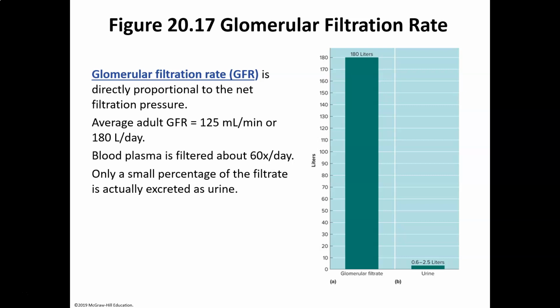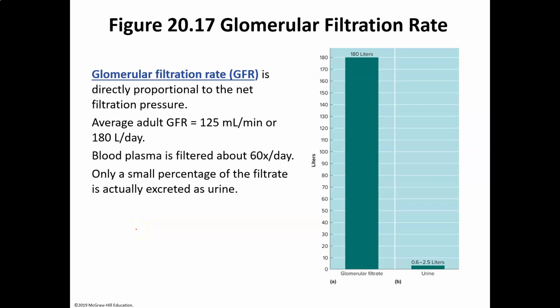Here we are in the kidney still. So I left off with this slide, the last slideshow. This is glomerular filtration rate, GFR. You're going to want to remember that acronym, GFR. That is how much glomerular filtrate you are making at any given time.